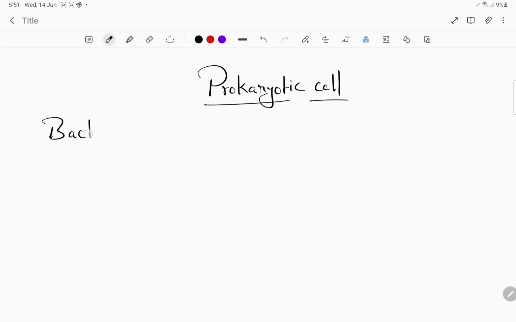So let's see regarding prokaryotic cell. In the prokaryotic cell, it is represented as bacteria, blue-green algae, mycoplasma.